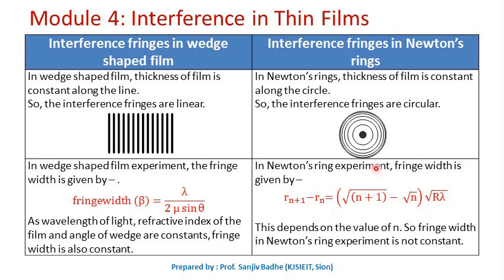This fringe width depends on the value of n, and as n changes, the fringe width will also change. So fringe width in Newton's ring experiment is not constant. So in the wedge-shaped film experiment, fringe width is constant. In Newton's ring experiment, the fringe width depends on the value of n, and therefore it is not constant.